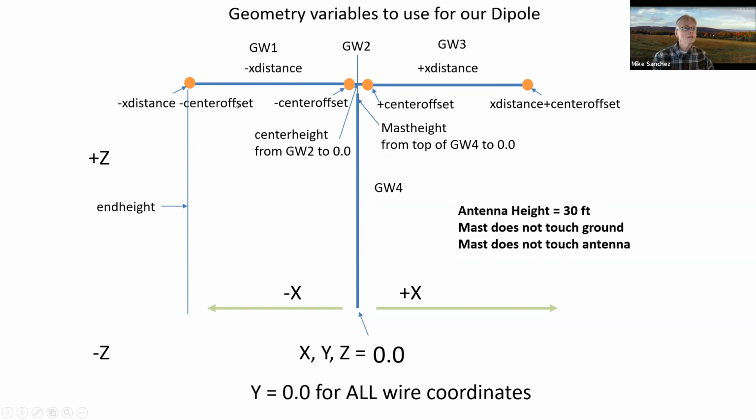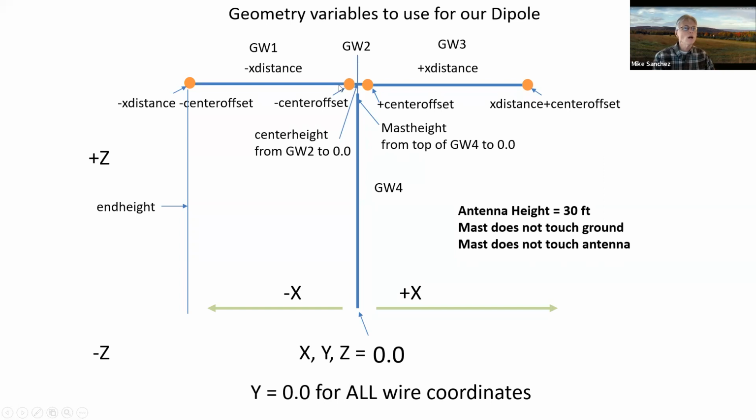So this ends up being the total distance from 0 at this coordinate. Similarly, on this side, I have plus center offset, and then this x distance to the next coordinate. And here I have x distance plus center offset. So now I have these variables that represent these coordinates.